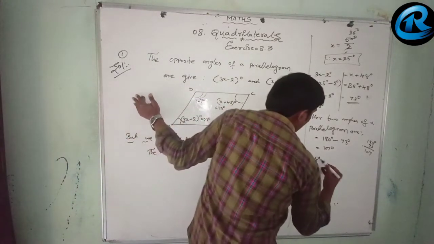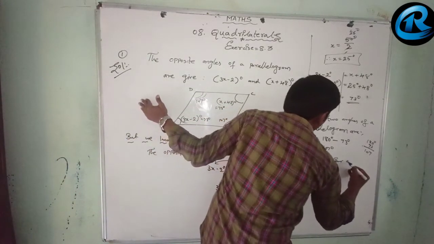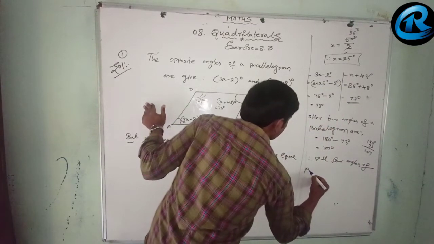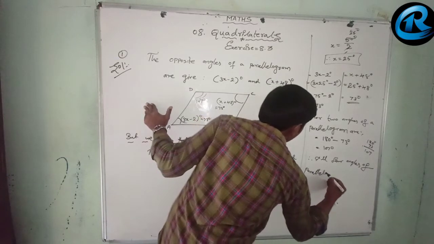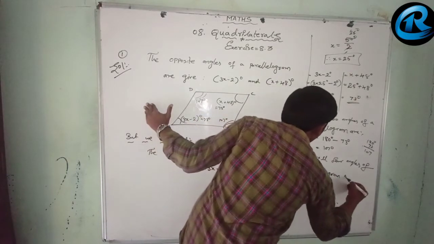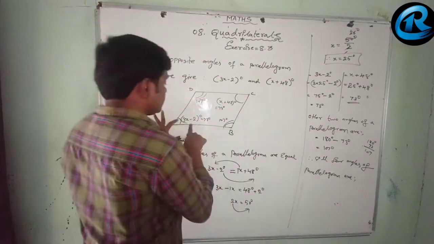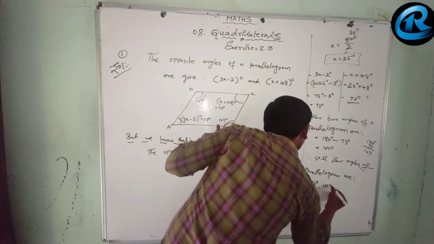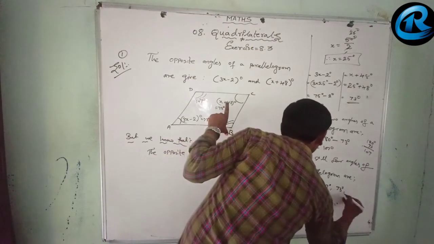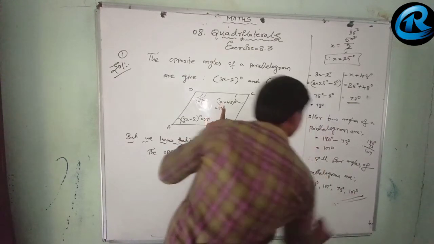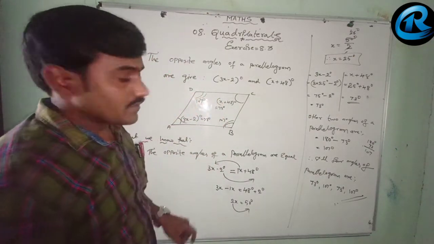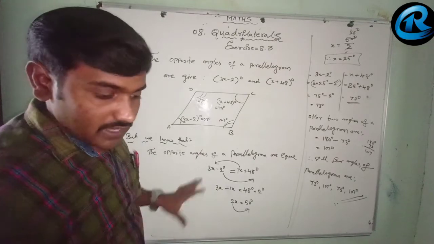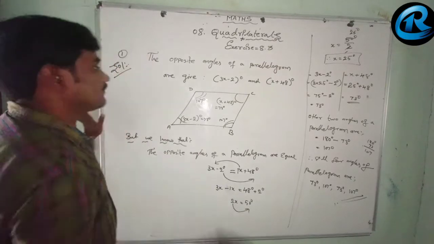Therefore all four angles of the parallelogram are 73 degrees, 107 degrees, 73 degrees, 107 degrees. When you add this 73 and 107, definitely you will get 180 degrees. So like this, we have completed the first one.